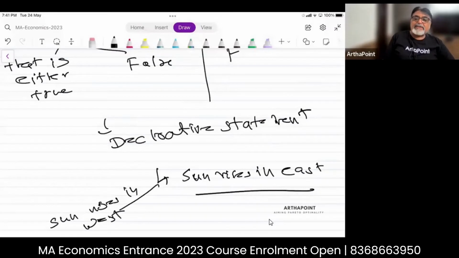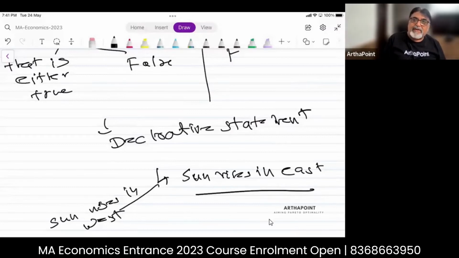It may be possible that sun rises in west, or it may be possible sun rises in east. I mean to say one of these statements may be true and the other may be false. But as far as we are concerned, for mathematical purpose, for computer language purpose, these are known as statements. These are known as proposition.